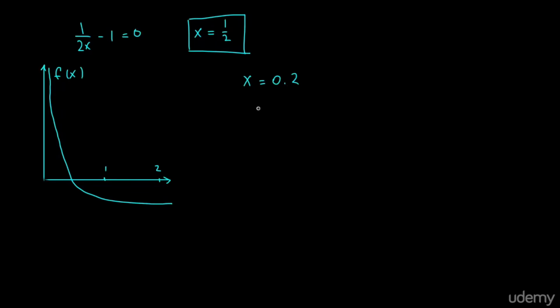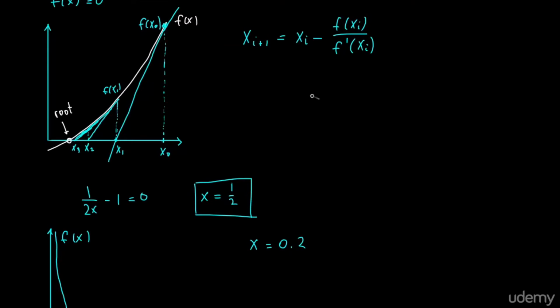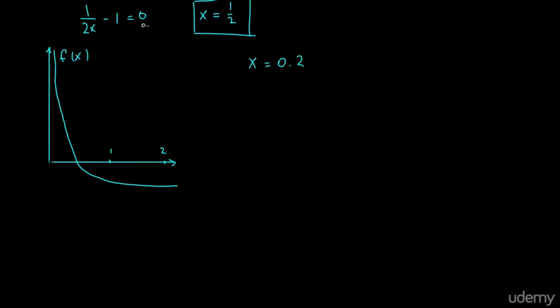And then for the solution using Newton-Raphson, remember we need the first derivative as well. So we need to take this function 1 over 2x minus 1 and we need to differentiate it. So the first derivative of this function happens to be minus 1 over 2x squared. Okay, so we now have all the parts we need to apply Newton's method.